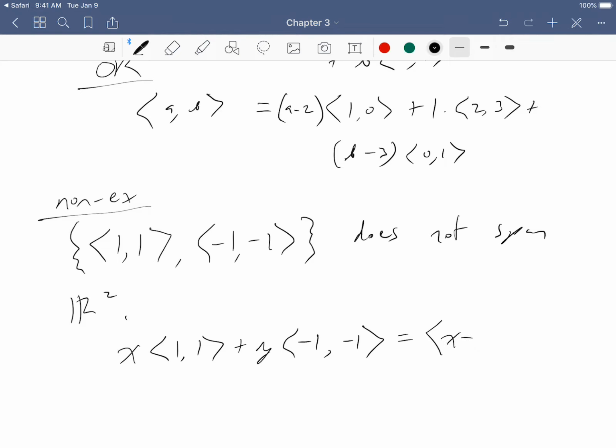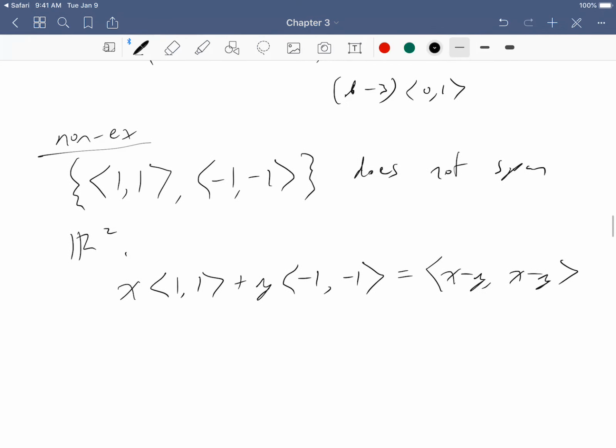And if we add those up, we get x minus y, x minus y. So the span of those two vectors looks like this. So this is the span of those vectors 1, 1 and minus 1, minus 1.